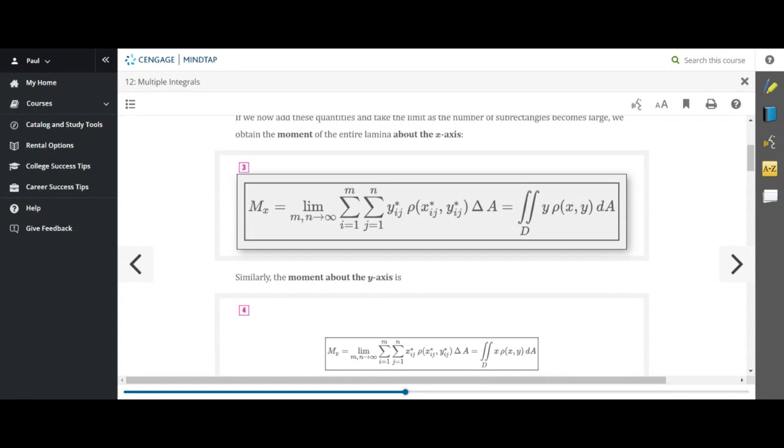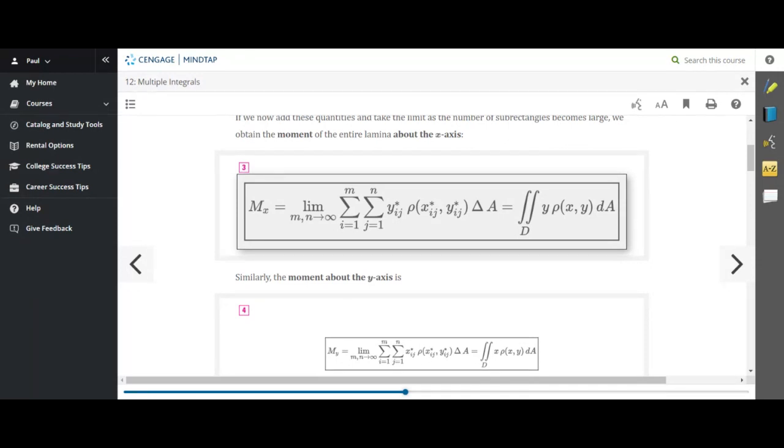So the moment involves the moment function about the x-axis, m sub x. It's almost the same as the mass definition. You're just inserting a y sub ij there.